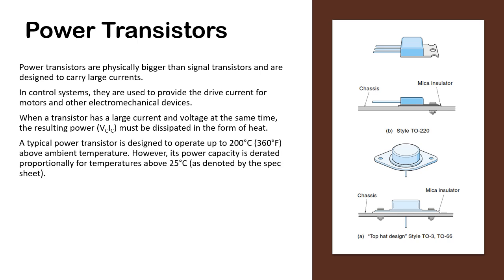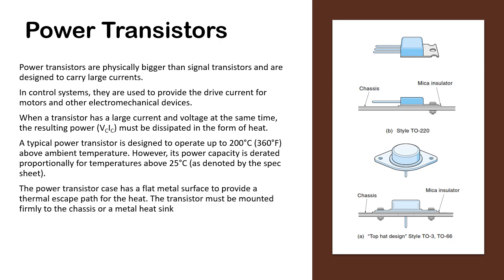A typical power transistor is designed to operate up to 200 degrees Celsius or 360 degrees Fahrenheit above the ambient temperature. However, its power capacity is derated proportionally for temperatures above 25 degrees Celsius, as denoted by the spec sheet.